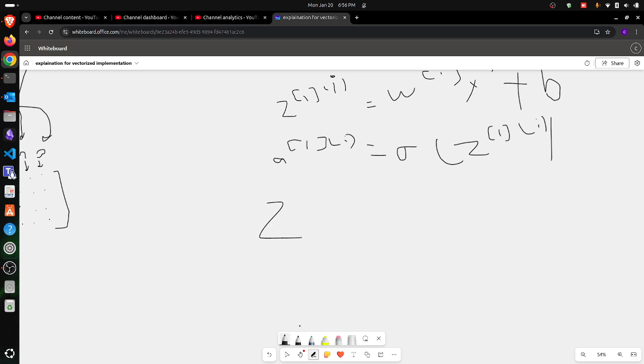So square brackets are layers and parentheses are the examples, alright. That's what our Python code will look like.